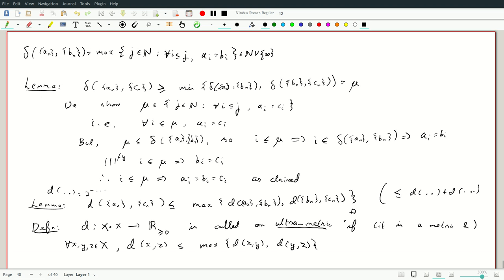So ultrametrics are certainly metrics. They just satisfy the triangle inequality in an extra strong form.